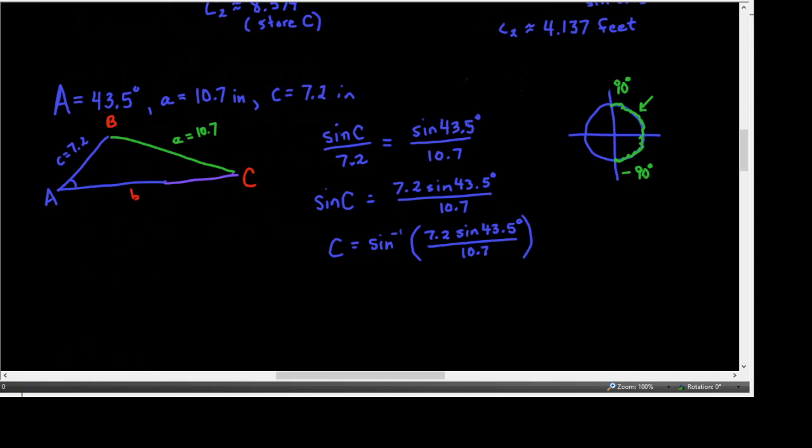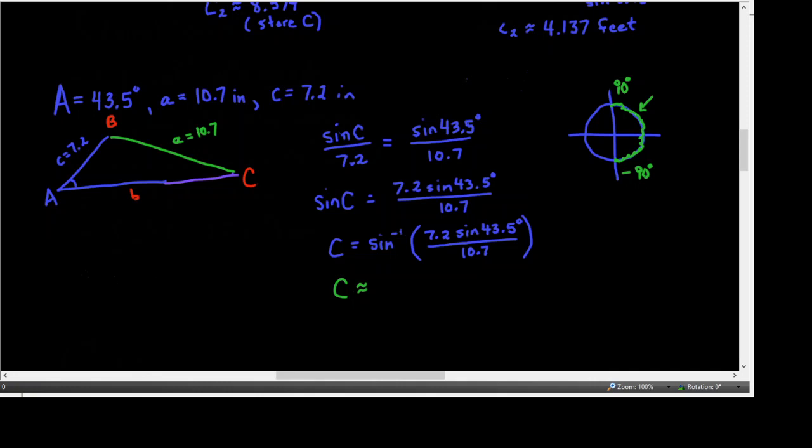That means that angle C is smaller than angle A. And since A is 43.5 degrees, C has to be smaller than that, which means it's acute, not obtuse, and I don't have to worry about it. I just want to mention that so that in the next section, you'll not accidentally use the law of sines when you should have used something else, which is the next thing we're going to talk about in the next section.